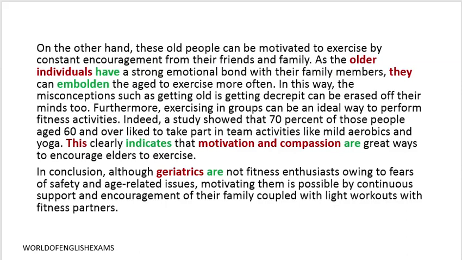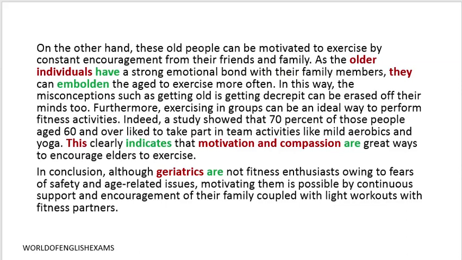Indeed, a study showed that 70% of those people aged over 60 or over like to take part in team activities like mild aerobics and yoga. This, again singular, so clearly indicates that motivation and compassion are. Can you see that? So motivation and compassion. So there are two things, hence we have written are. Great ways to encourage elders to exercise.